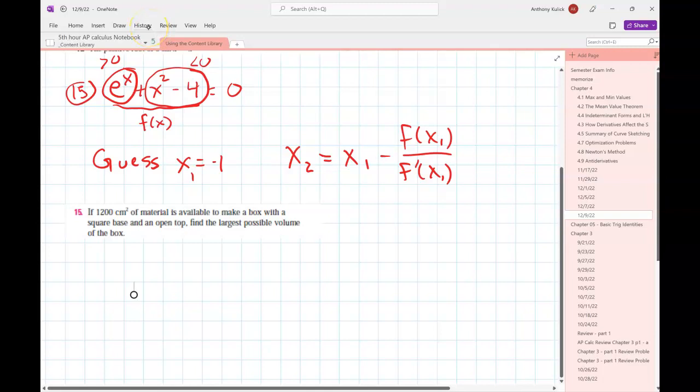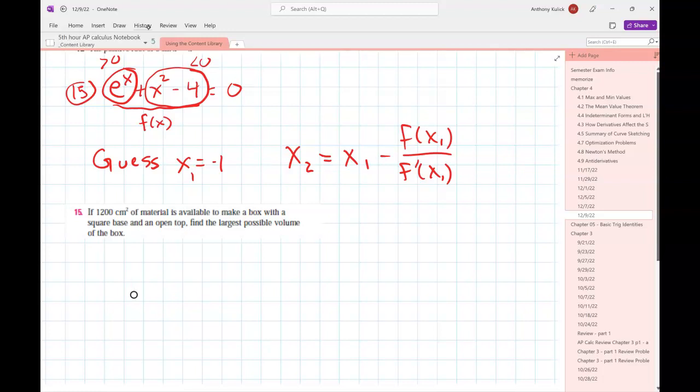Okay. It says we need 1,200 square centimeters of material available to build a box with a square base and an open top. So find the largest possible volume of the box.